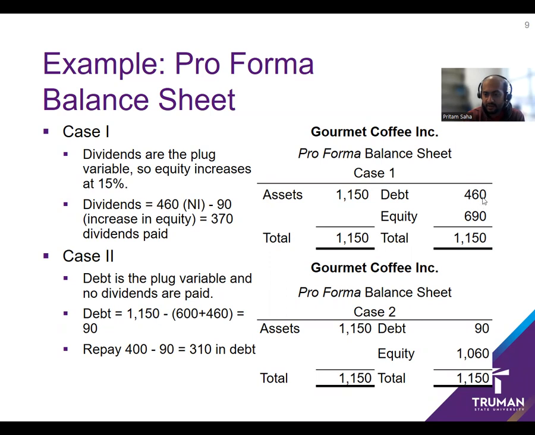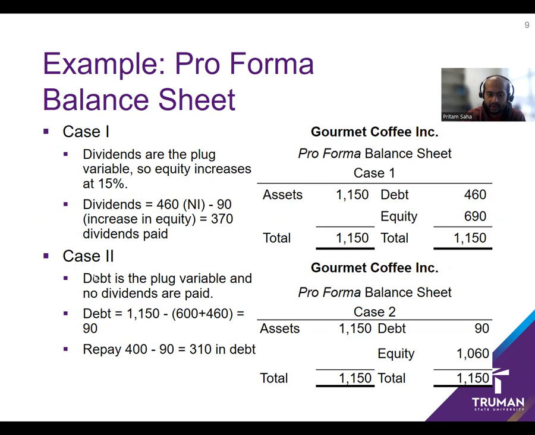This is the new debt, so equity has to be 690, to make sure total liabilities and equity is 1150. So this new 90 is kept from the net income, and all else is paid as dividend. So 460 minus 90 new equity addition, 370, is paid as dividend.